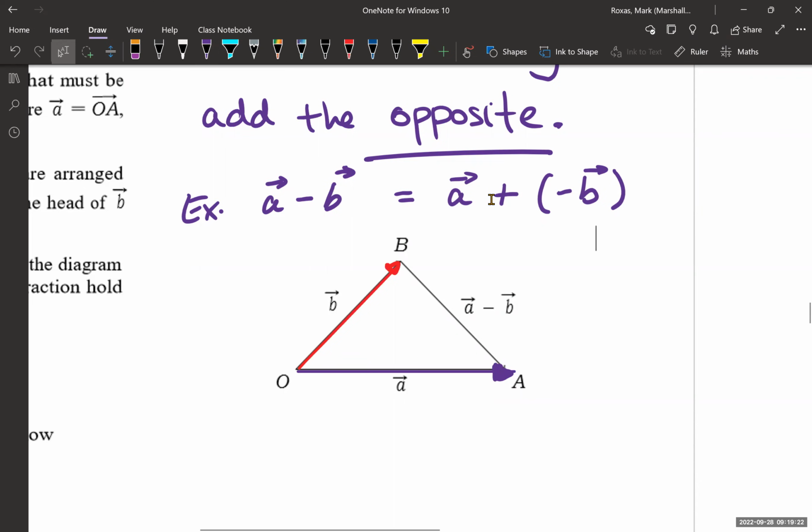A minus B equals A plus negative vector B. Why am I doing that? Because I'm going to take vector B, this vector right here, and flip it around.